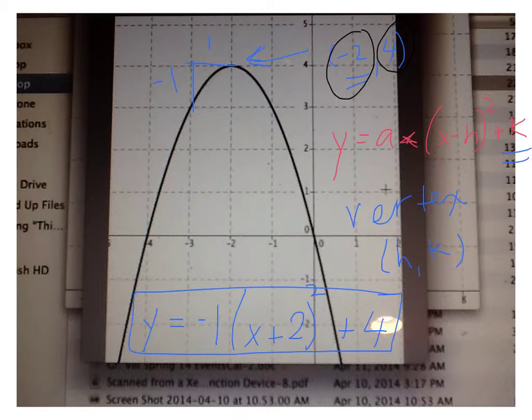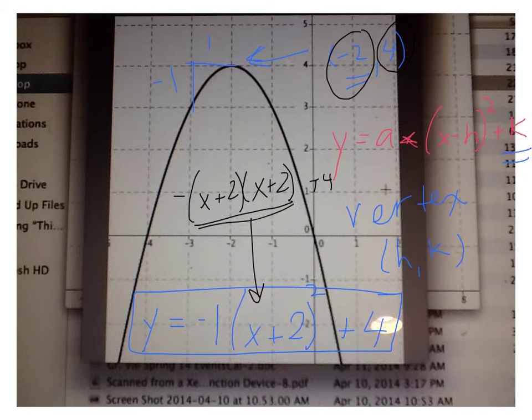We practiced also in class turning this into standard form, where the real key part, the trap we kept calling it, is that when you simplify this, you're going to get negative times (x plus 2) times (x plus 2) and then +4.